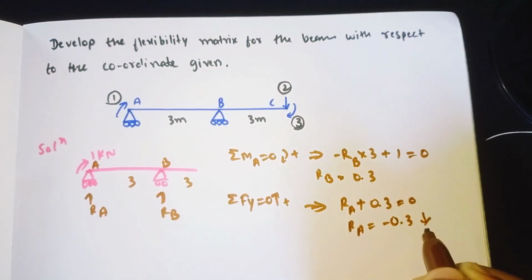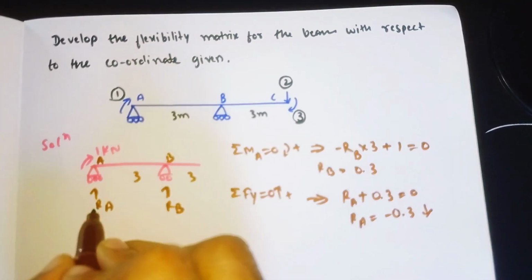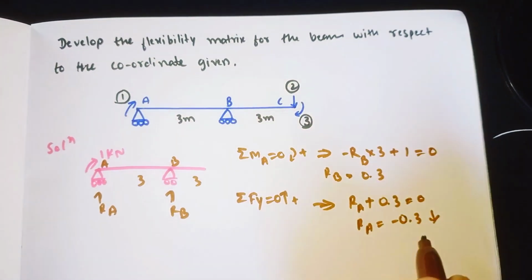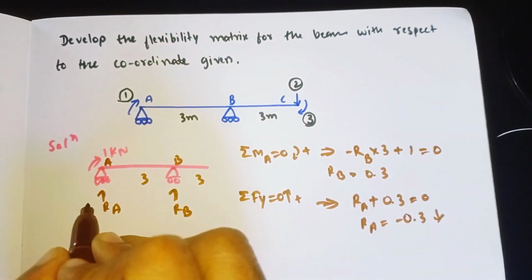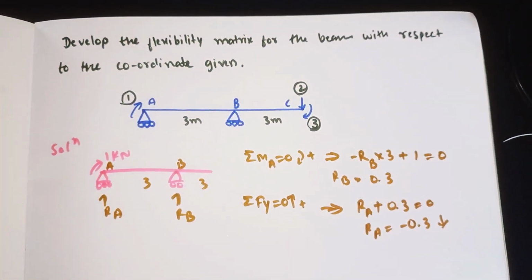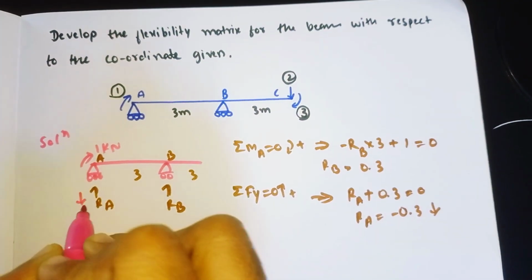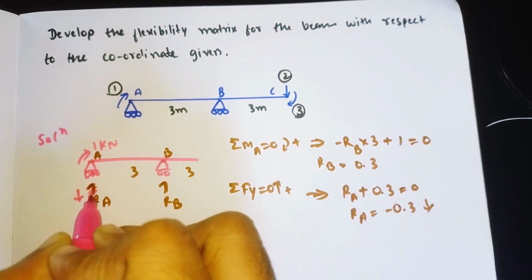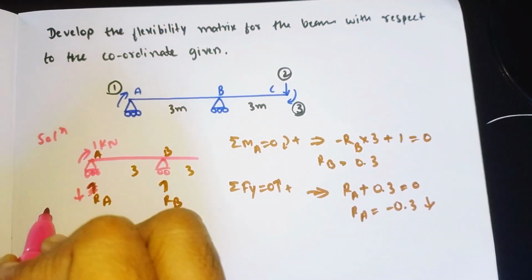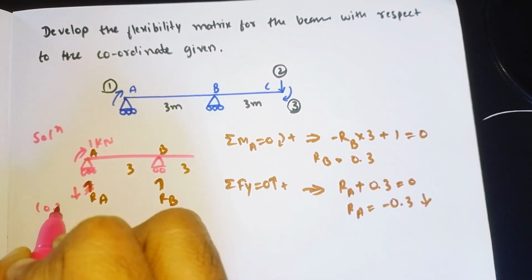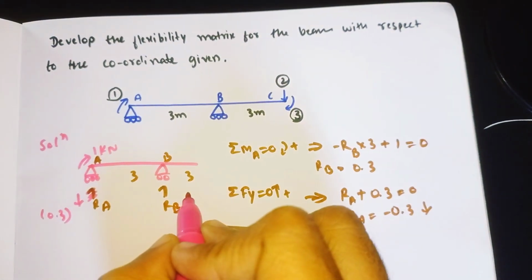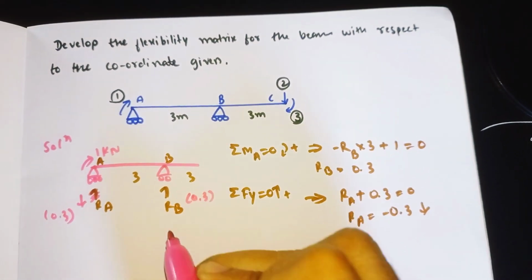Here the negative sign indicates that the upward direction that you gave is wrong. So make it downward. So RA is moving downward. So I am making it downward. Remove this upward. The value is 0.3. And here RB is also 0.3.